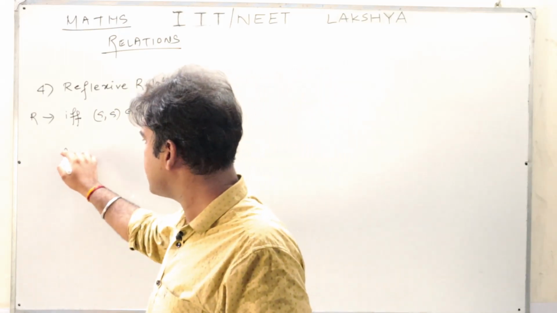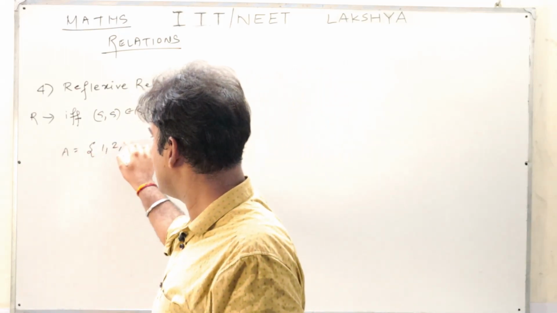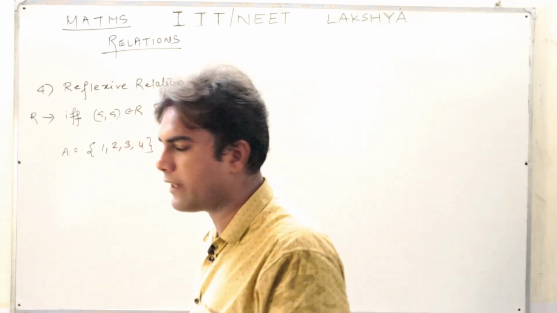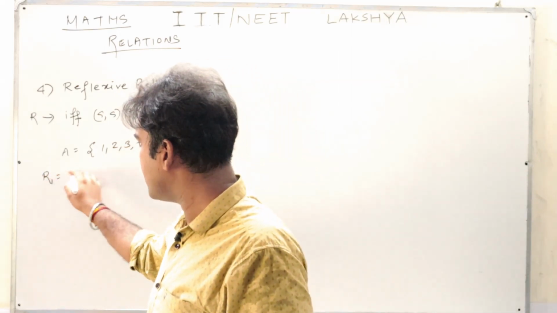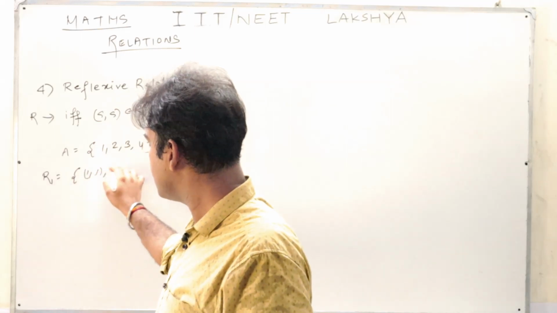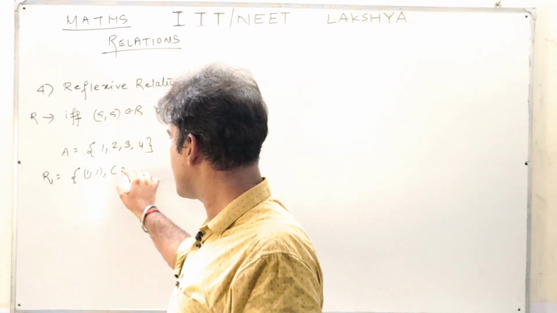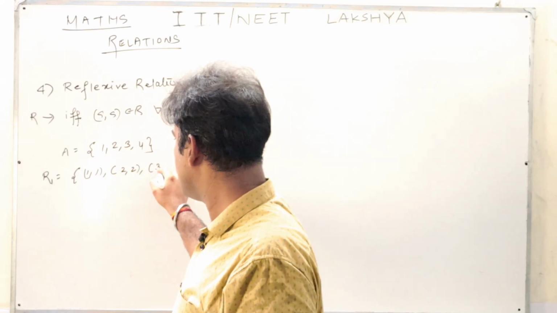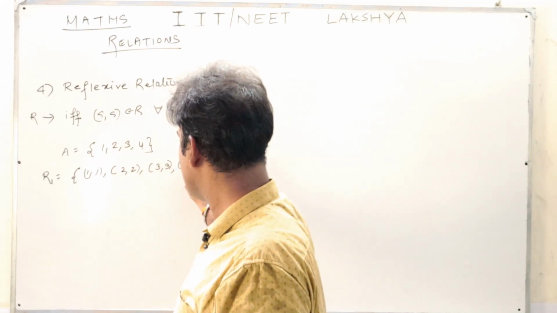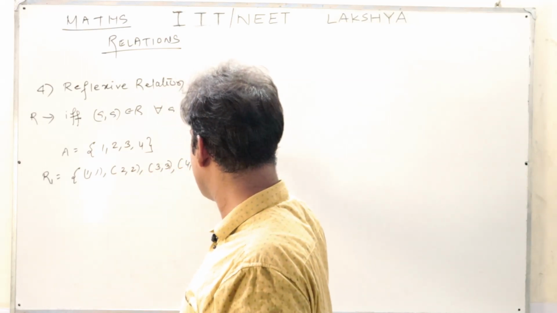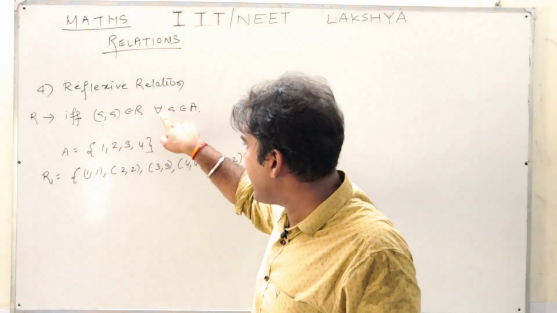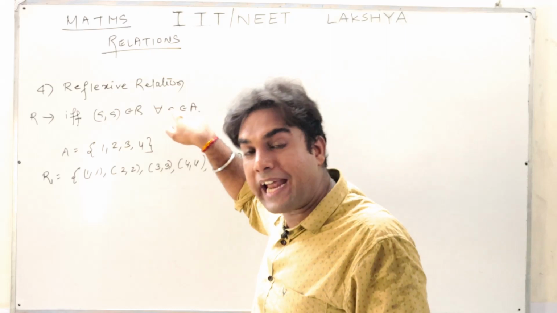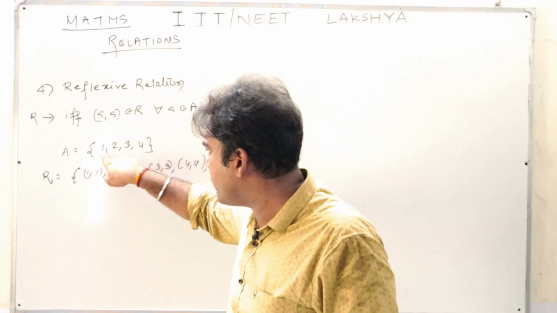Example, let us say your A is {1, 2, 3, 4}. We are defining a relation, let us say R1: 1 1, 2 2, 3 3, 4 4, 1 2. Now for every a belonging to A, does 1 belong to A?